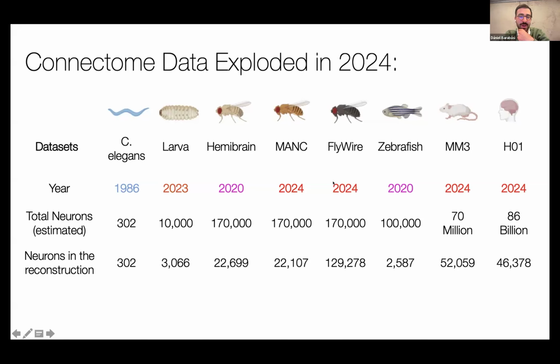This came out last year, and it allows us now a complete central nervous system not just for the fly, but for the larva and C. elegans, as well as a partial ventral nerve cord for the fly. And then there are also some partial data sets from the zebrafish, the mouse and the human, two of which came out in the last year as well, right?